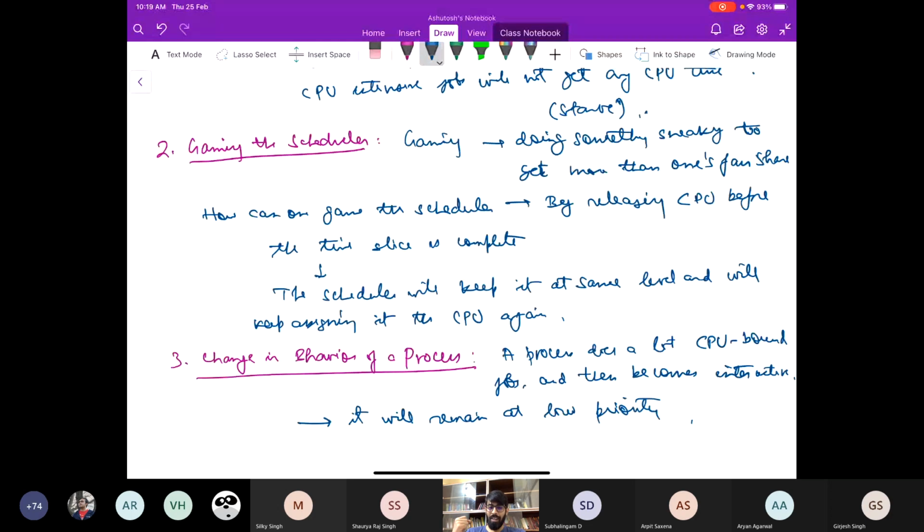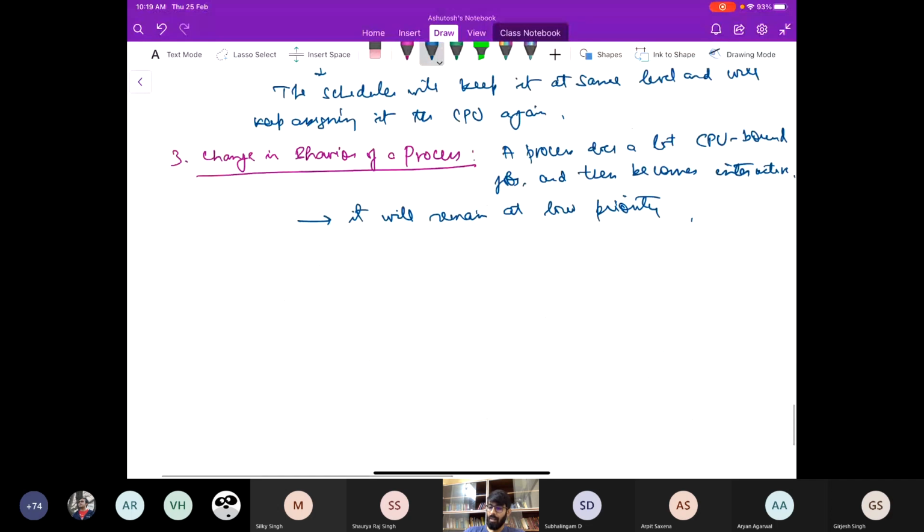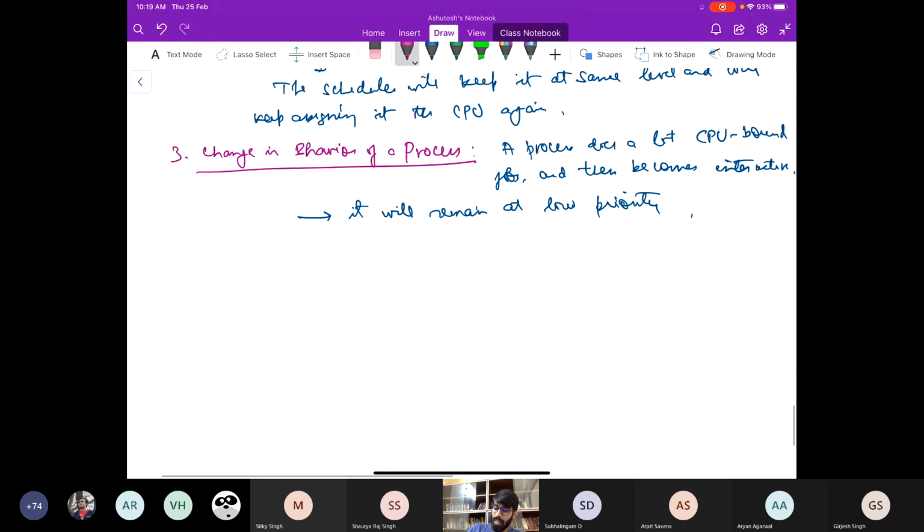So what we can do is increase the priority of all the jobs periodically. Okay. So let's try another attempt, so this was the first attempt that we tried.